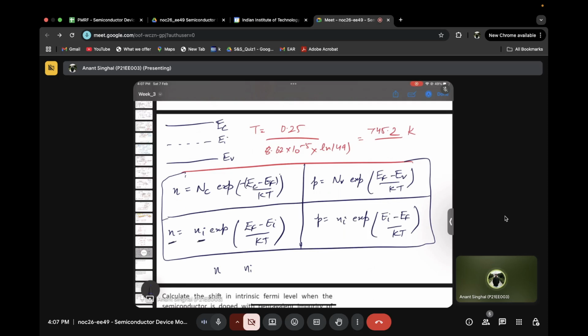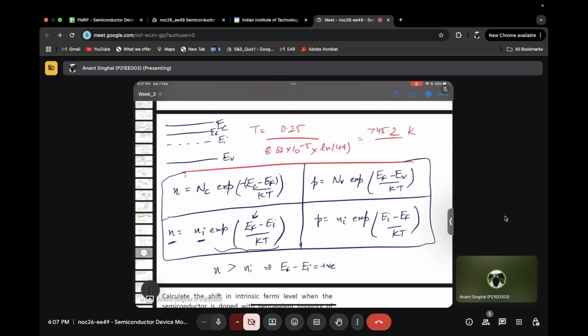Since n is bigger, we need this term to be positive, and for this term to be positive, the Fermi level must be above the intrinsic level, because this is an n-type impurity. So the Fermi level should be close to the conduction band. This is one way you can remember which formula applies: since n is bigger, EF minus EI is positive.